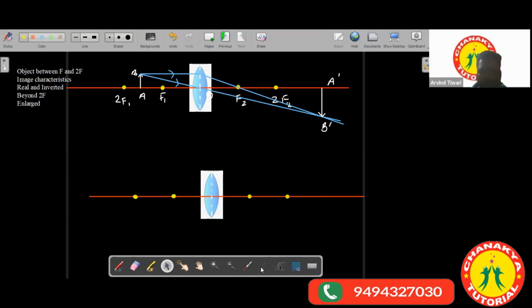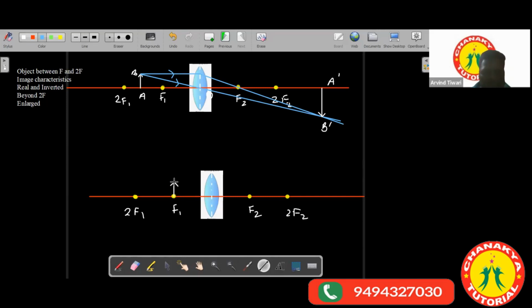So write the points here. This is your F1. This is 2F1, F2, and 2F2. So now we have to put the object at F1. Let us have two light rays moving from here.